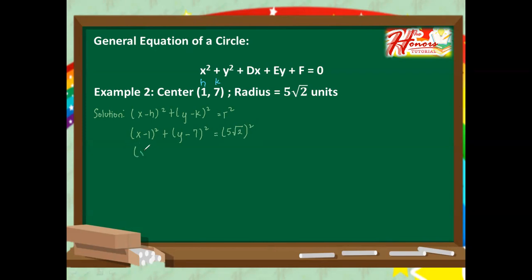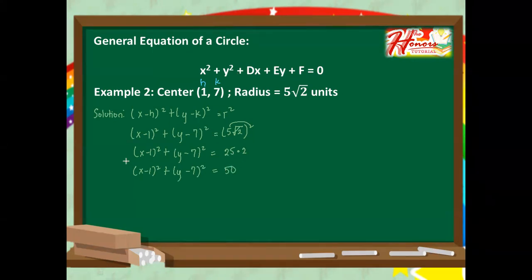We have here the quantity of x minus 1 squared plus the quantity of y minus 7 squared is equal to 5 squared, so that is equal to 25. And then we have here square root of 2 squared, so cancel this. This is times 2. So now we have the quantity of x minus 1 squared plus the quantity of y minus 7 squared is equal to 25 times 2, that's 50.